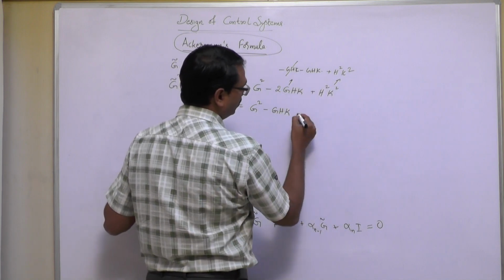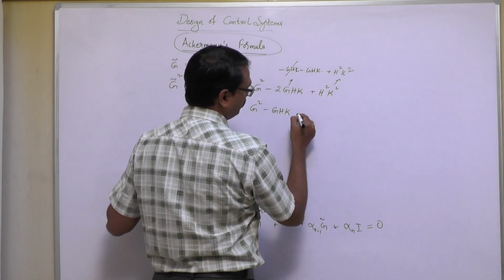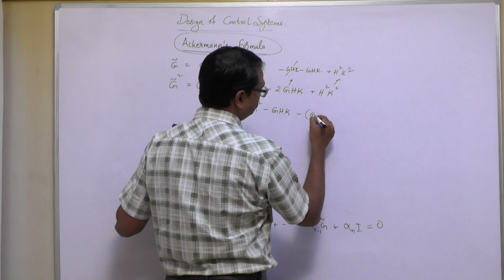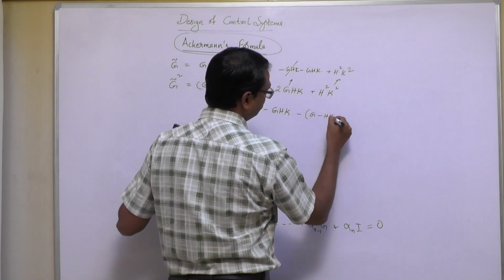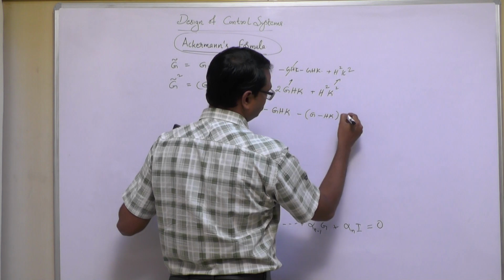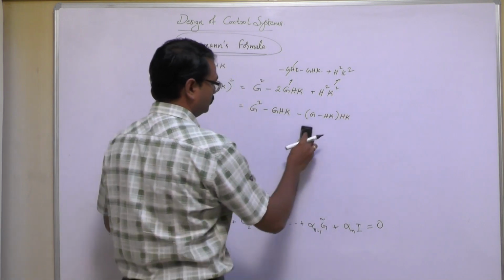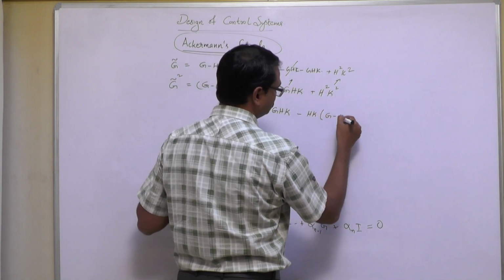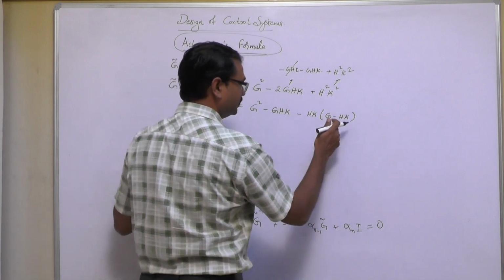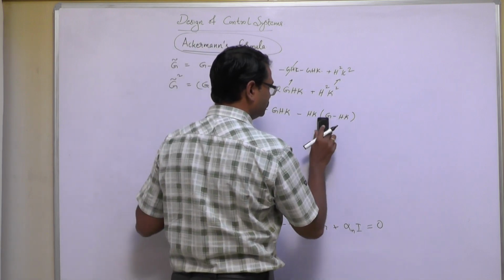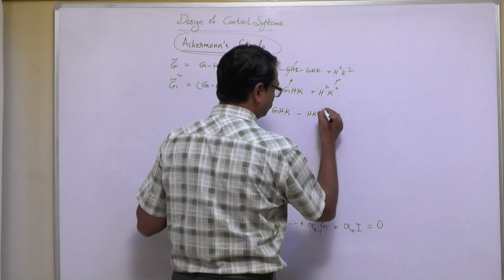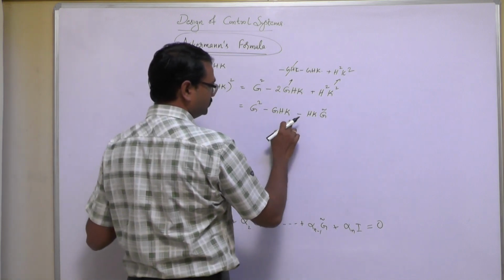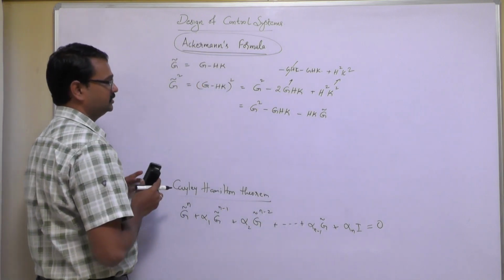So I can just consider this as minus of G minus HK into HK, or we can have HK common and G minus HK, and G minus HK is nothing but G cap. Therefore we have G cap square is G square minus GHK minus HK G cap.